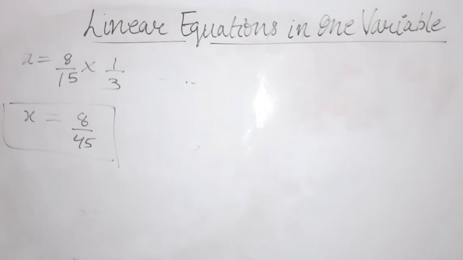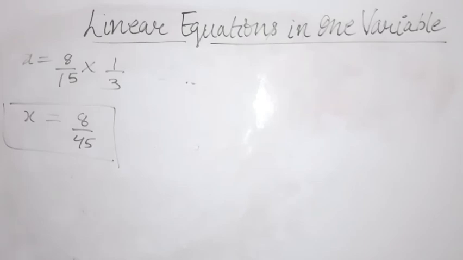Now we have to check whether it will be verified or not with this value. So to verify it, how will we solve it? We will place the value of x in the equation and check whether LHS is equal to RHS or not. So let's begin without wasting time, students.